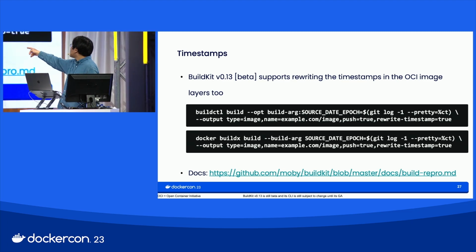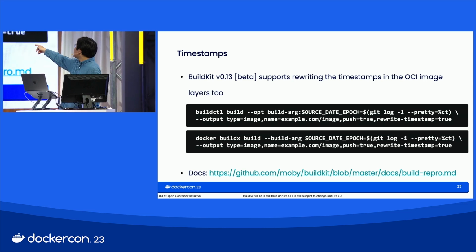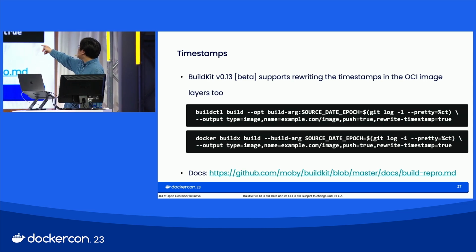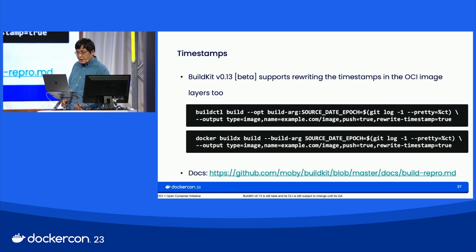In the --output argument, you specify type=image and a name to the registry, such as example.com/image, and set push to true or false, and set the rewrite-timestamp option to true. As I said, version 0.13 is still not released, and the CLI may still change, but you can already try this in the master branch.